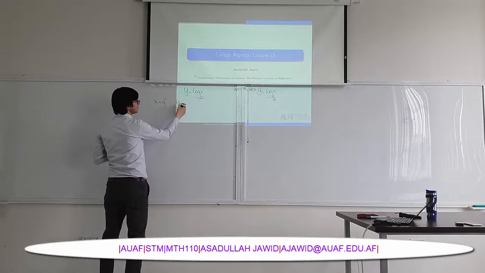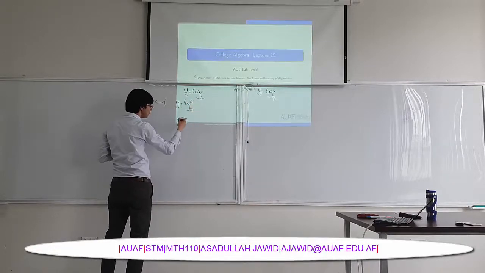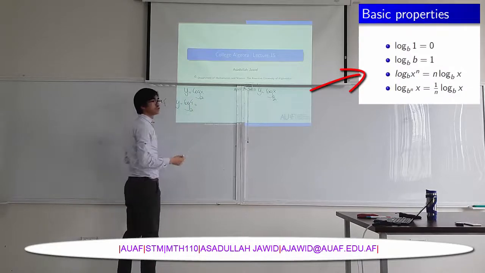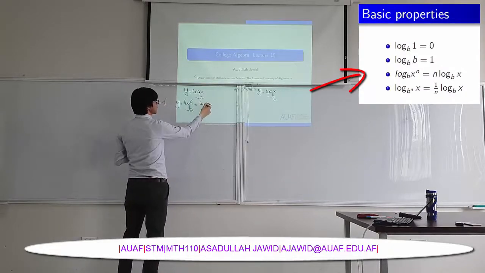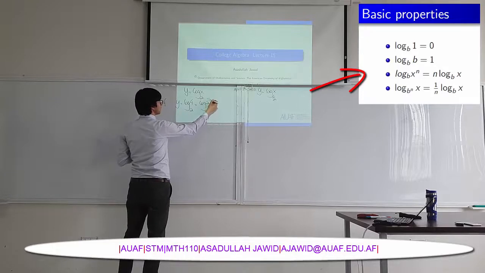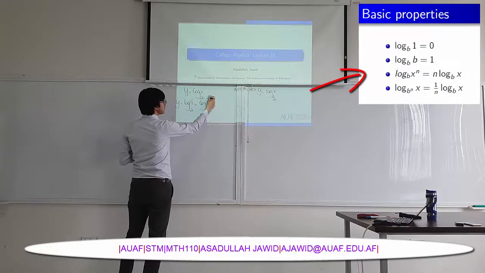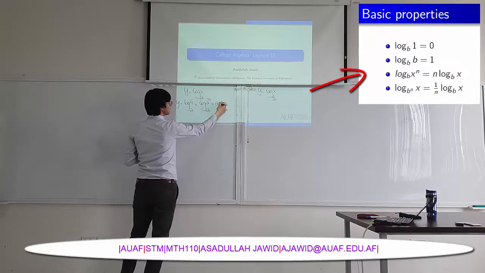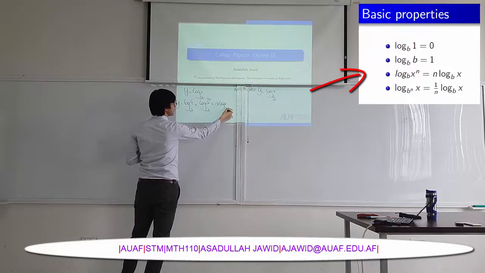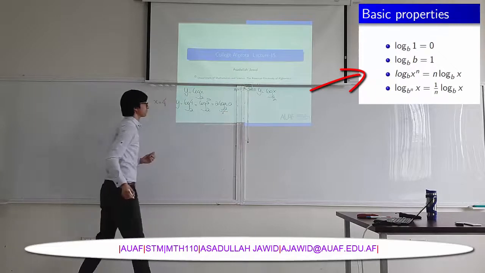You basically substitute x with 4. It's log of 4 in the base of 2, and in order to use those logarithm properties, we just write 4 as 2 squared. Now this 2 comes in at the front of the logarithm, 2 times the log of 2 in the base of 2, which is 2, because this part is 1.